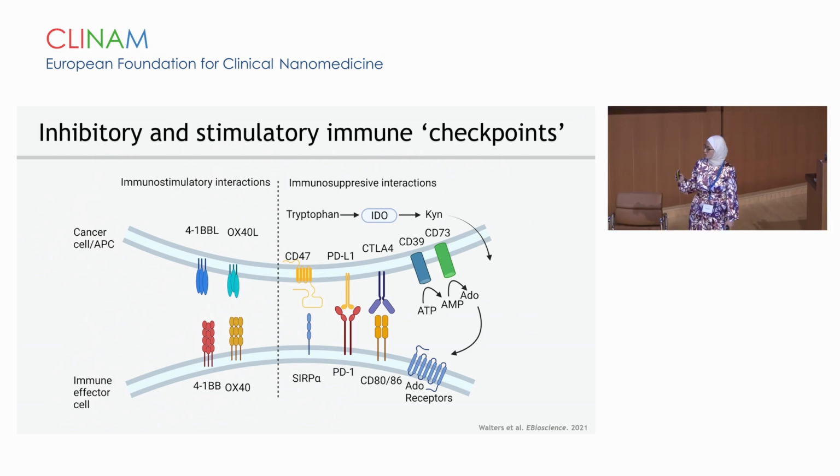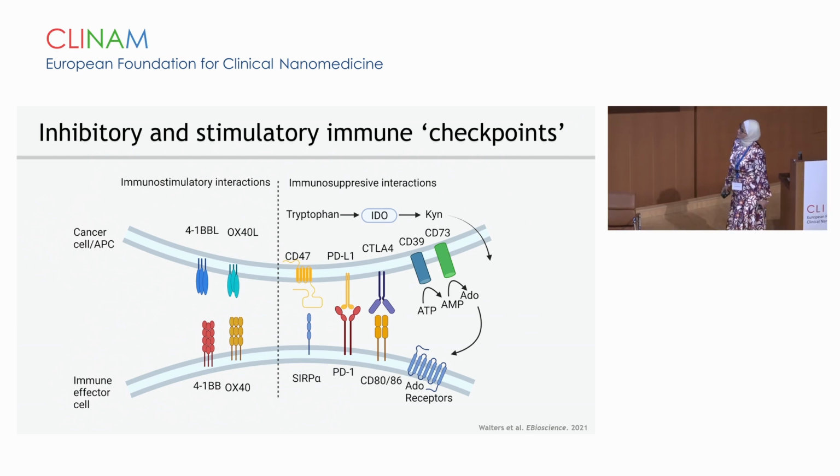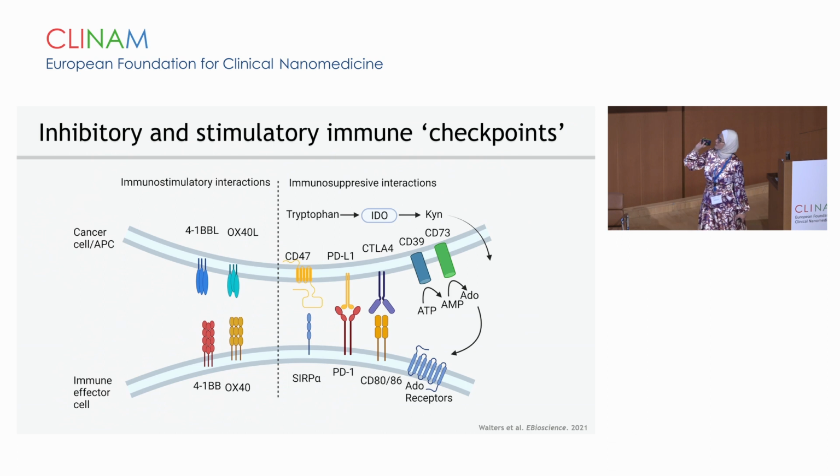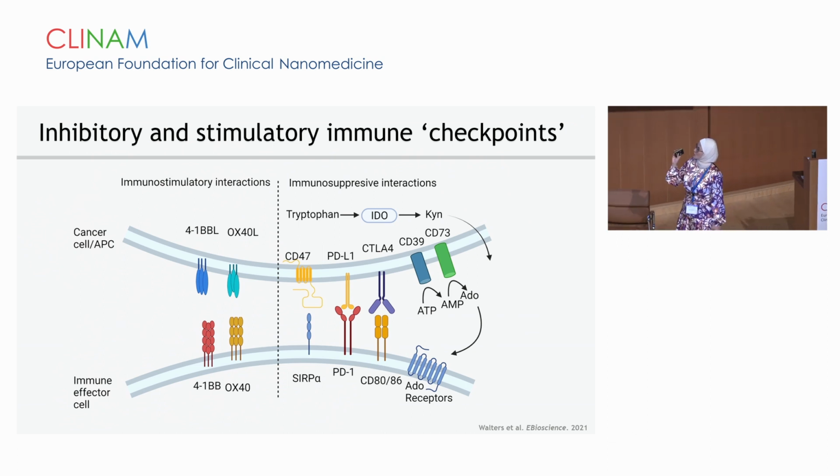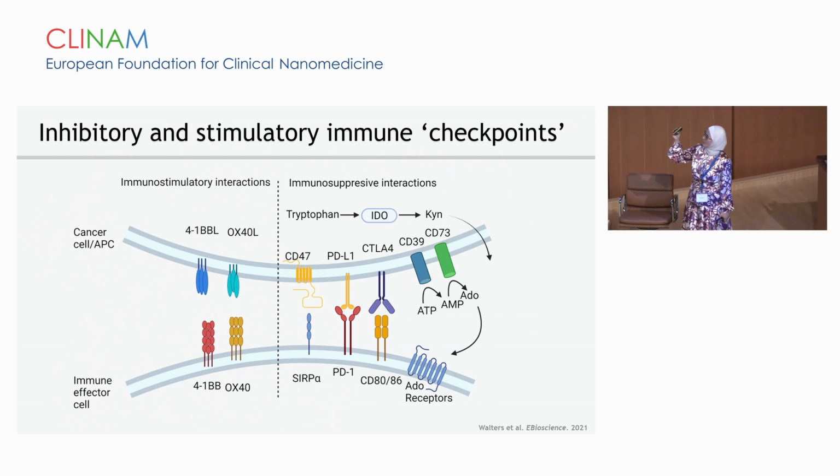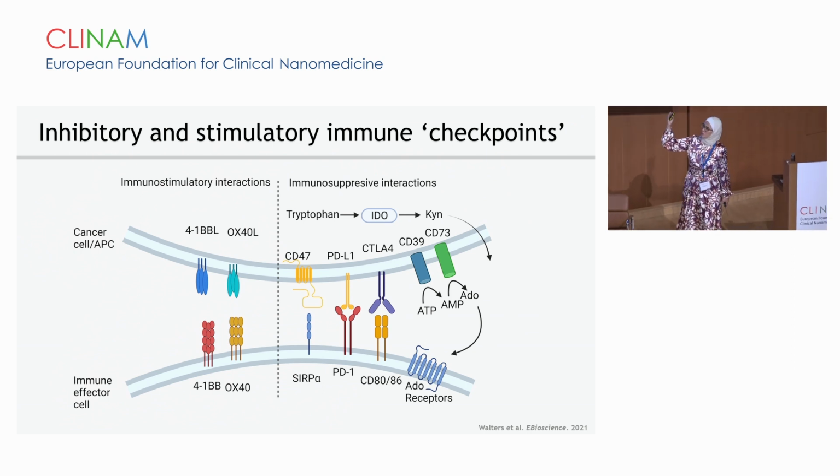So what we're trying to do is, is there a pointer here? No, okay, no problem. You can see this is an image where you can see a number of immune check molecules. You have the receptor and the ligand, you have the cancer cell or antigen presenting cells, and the immune effector cells.